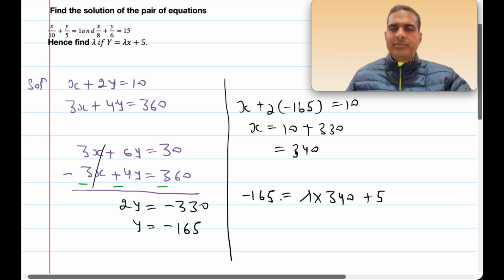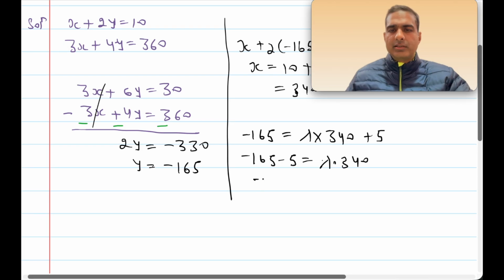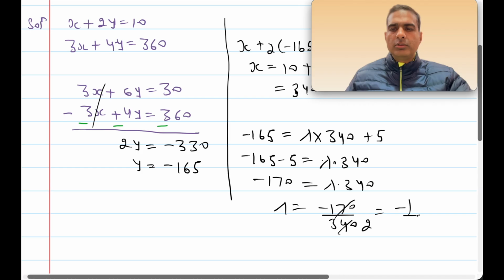So if I bring 5 to the left hand side, it will become minus 165 minus 5 is equal to lambda times 340. So that becomes minus 170 is equal to lambda times 340. So from here lambda is minus 170 over 340. So the value of lambda is minus 1 over 2.